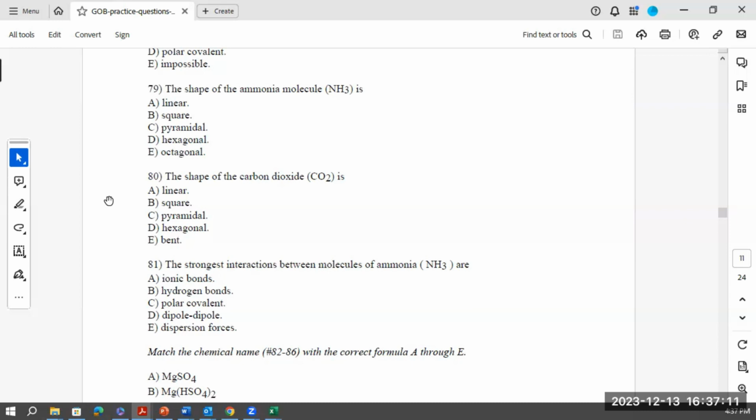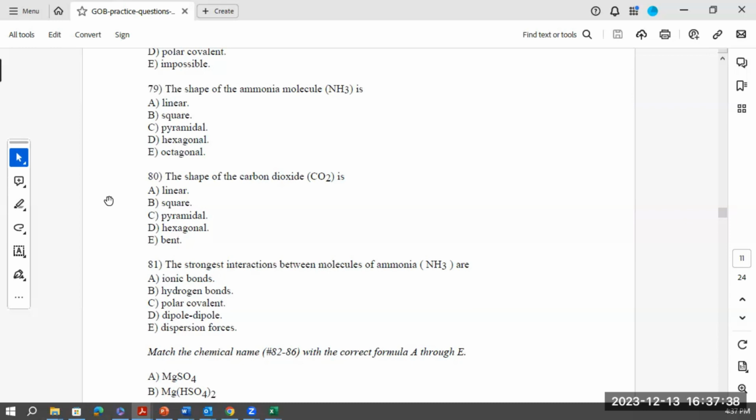Hexa means what? Six, right? We only have three things attached to the nitrogen, so the chances of it making something with six is almost impossible. So we can eliminate that one. Octa means what? Eight. So we definitely can eliminate that one. We know those are definitely out of the way.